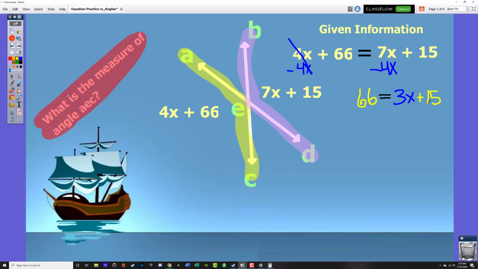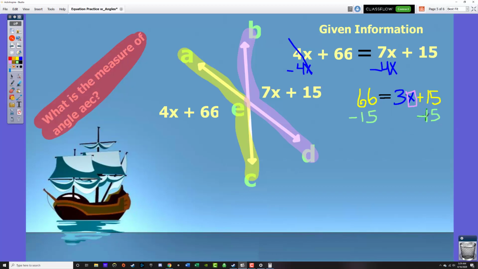Alrighty. So now we have a two-step equation, and we need to isolate x over on the right-hand side of the equal sign. So let's cancel out the other two numbers, and we'll start with the 15. This is a positive 15. If I want to cancel it out, I would subtract 15 from both sides.